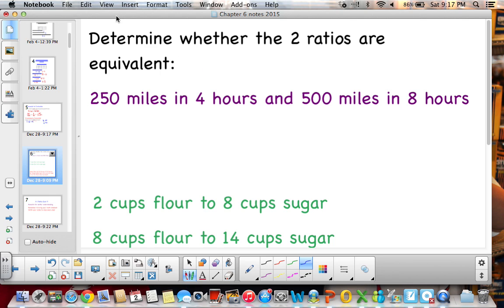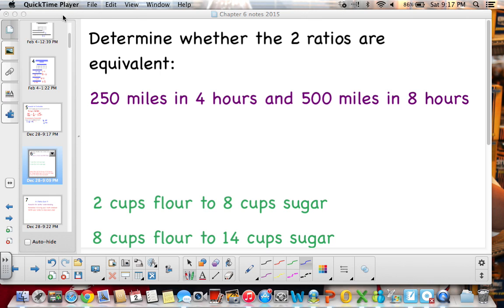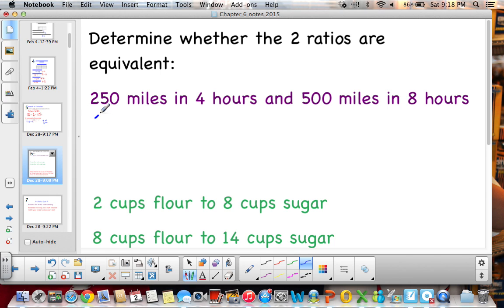Okay, determine whether the two ratios are equivalent. So now we're given two ratios and we need to simplify them down to see if they are equal. So 250 miles in 4 hours, so we would write this as a ratio 250 over 4, because it's telling us 250 miles in 4 hours.